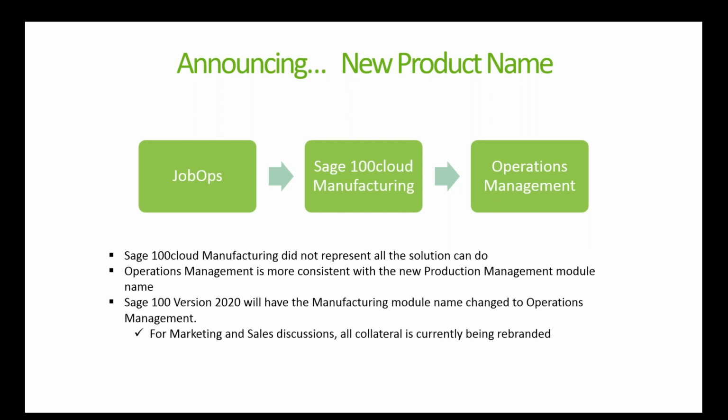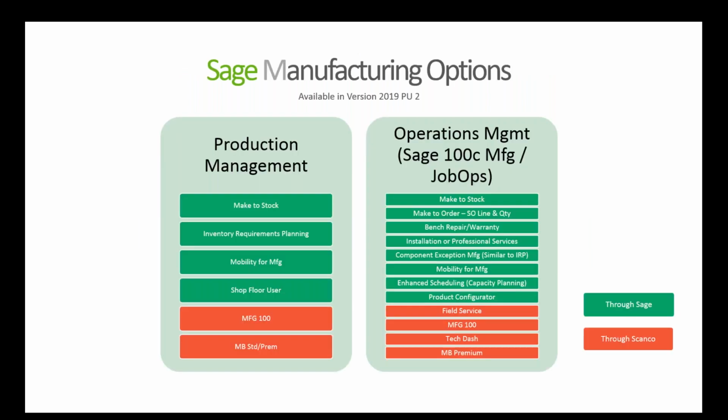The entire presentation today will refer to the solution as Operations Management instead of Sage 100 Cloud Manufacturing. Hopefully everybody agrees that's a lot easier to say. I did want to come out of the gate with that announcement. I know there are probably groans and moans going on in everybody's office right now about another name change, but we do believe it will better position the product for everyone.